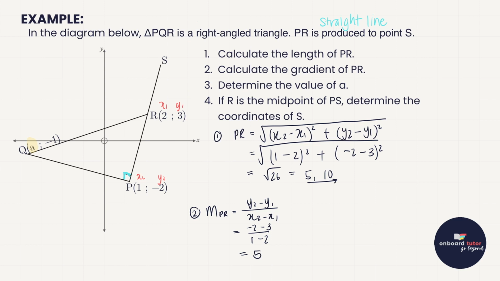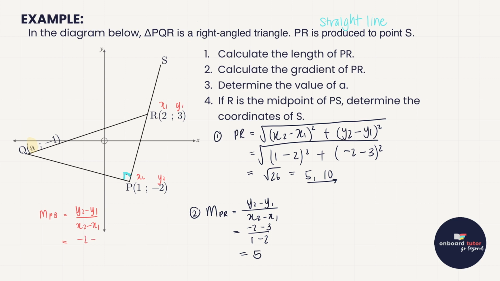Okay, so what I can do then is over here perhaps, let's work out what the gradient would be of PQ. So gradient of PQ with my curly brackets there. I am going to say y2 minus y1 over x2 minus x1, and let's do that.